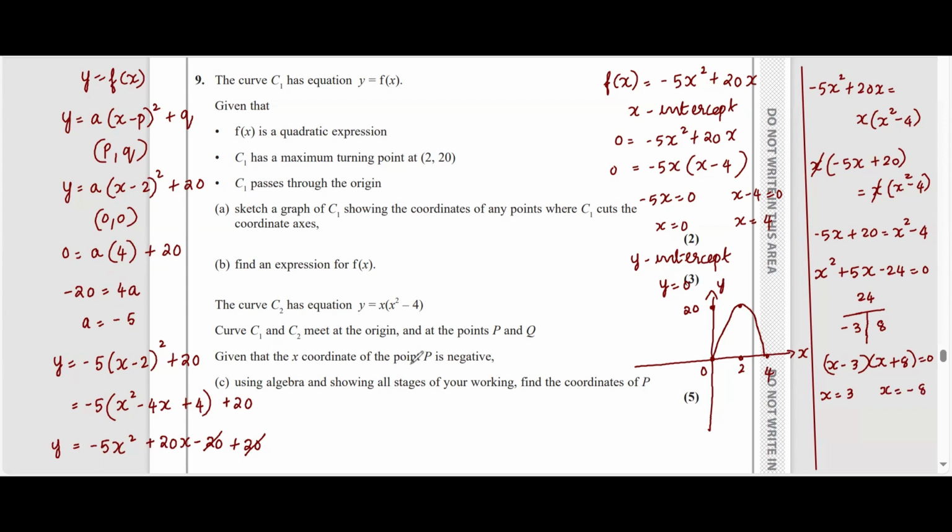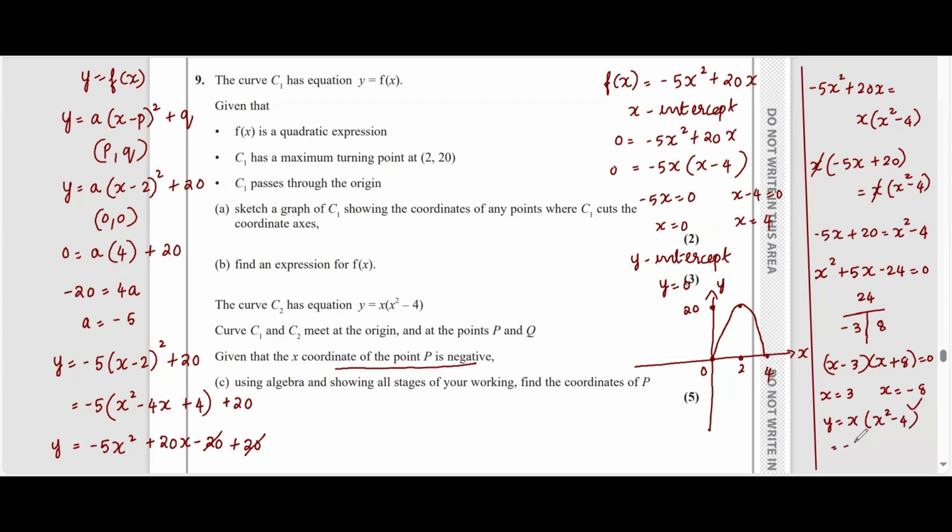It's given that the x-coordinate of the point P is negative. So we will take x as minus 8. If x is minus 8, let's take any one of these equations. I'll take the second one: y is equal to x into (x square minus 4).